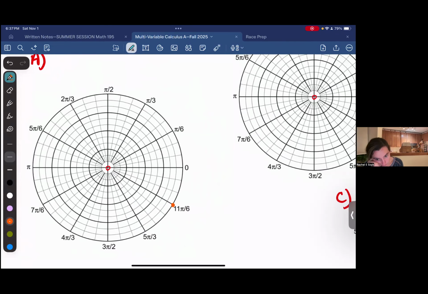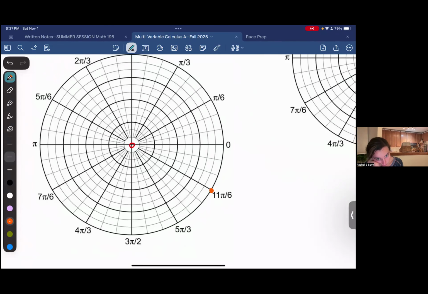Give me a second. Oh, no, I made a mistake. It's not there because that's just 30 degrees. We want minus 60, so it would have been taking 2 slices away. So we're over here. Which, if I just looked at the graph, it has it very clearly labeled 5 pi over 3.